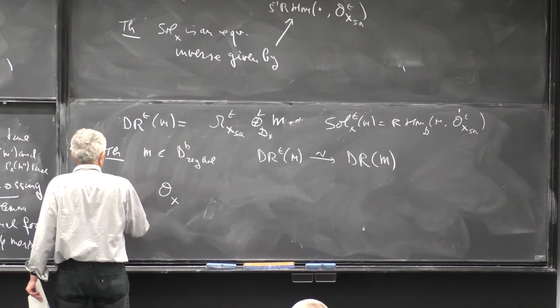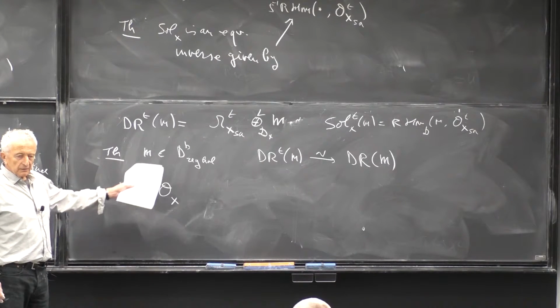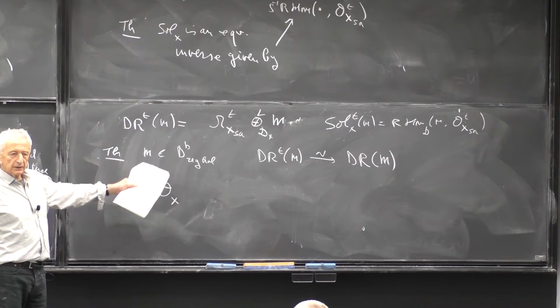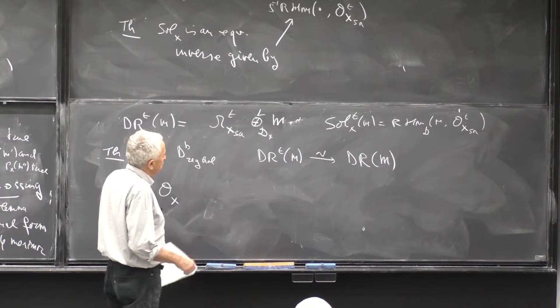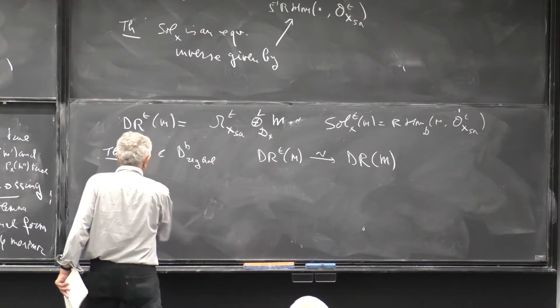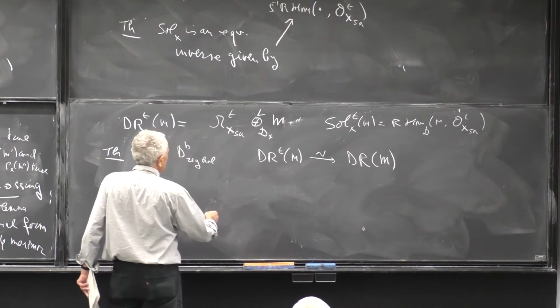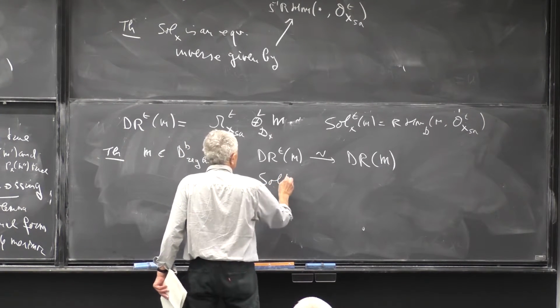When M equals O_X, which is regular holonomic, we recover Grothendieck's theorem. This is more general, as a corollary. So let's give a corollary, maybe in terms of solutions.